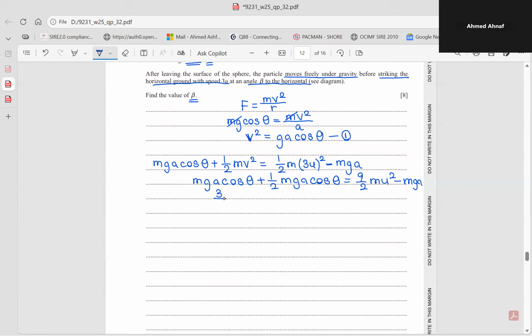It's going to be 3 over 2 mga cosine theta equals 9 over 2 mu squared minus mga.